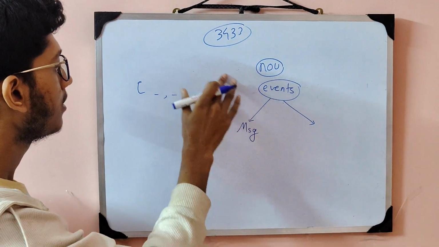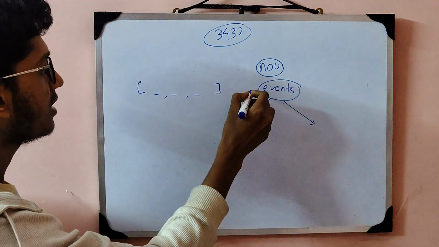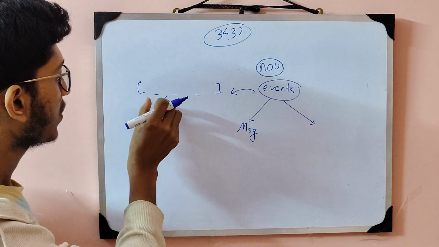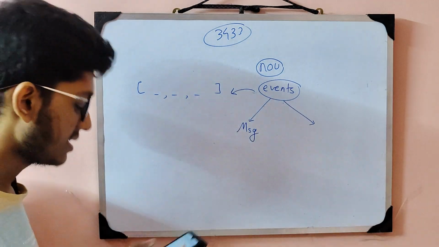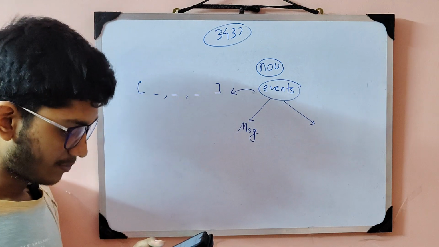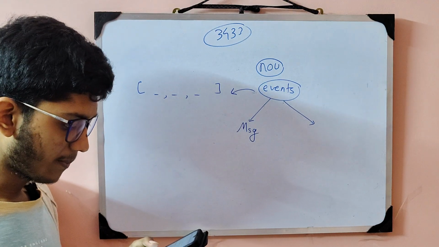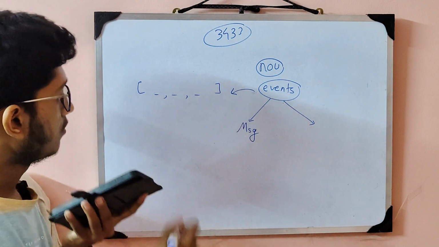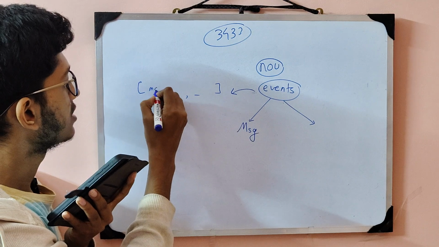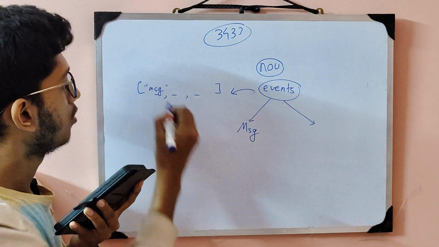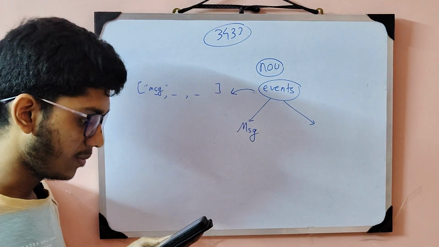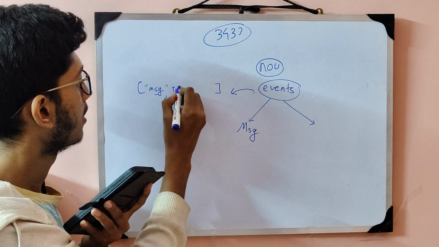And what will be each and every element of an event? It will consist of 3 elements. The first one will be the message. The second one will be a timestamp.